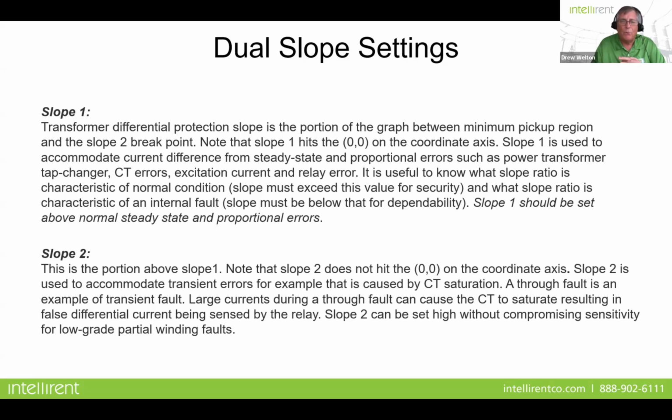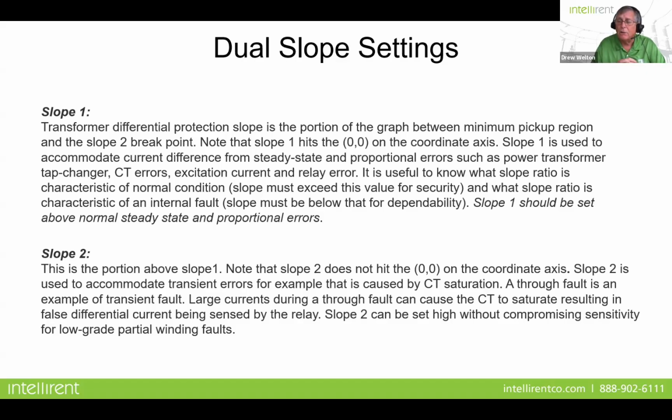So the slope one is the portion of the graph between the minimum pickup region and what we call the slope to break point. Because it's a lightly loaded situation for the transformer itself, we don't worry so much about CT saturation or CT error. But when we start getting higher up that slope, that's used to accommodate transient errors. For example, if it's caused by CT saturation, as the CT saturates, we want to make the 87 less sensitive.